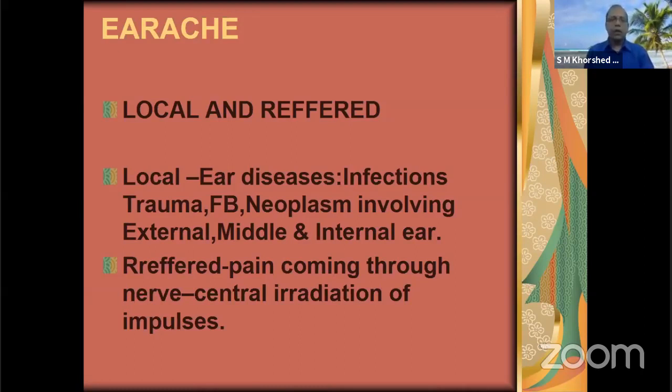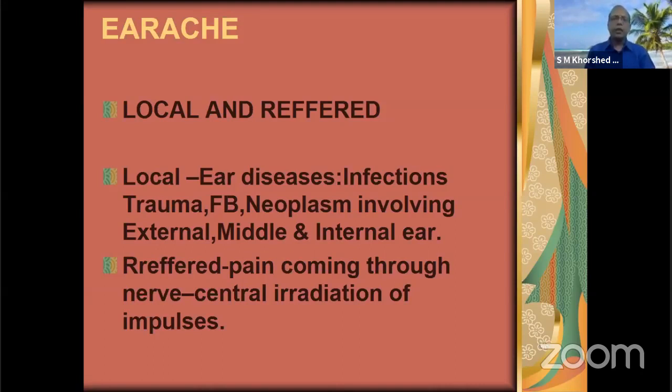Local causes and referred causes: pain coming through the nerve due to central irradiation of impulses. You by this time know that when there is pain in the gallbladder, the pain is referred to the tip of the shoulder, because the phrenic nerve that supplies the shoulder region comes from the same nucleus that supplies the gallbladder region.